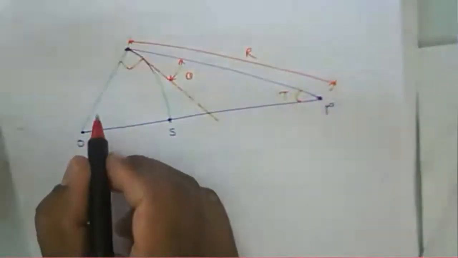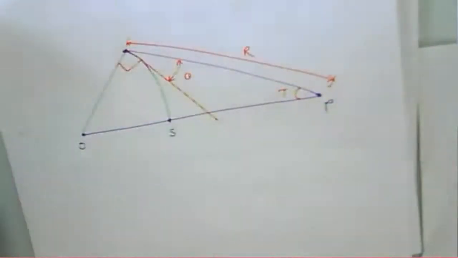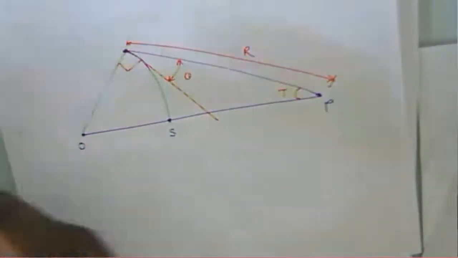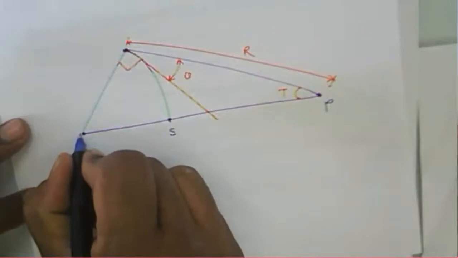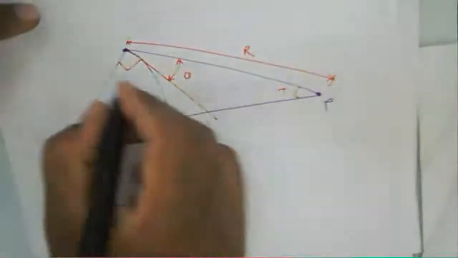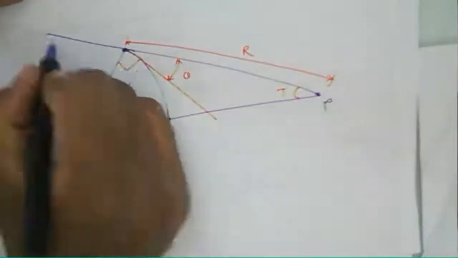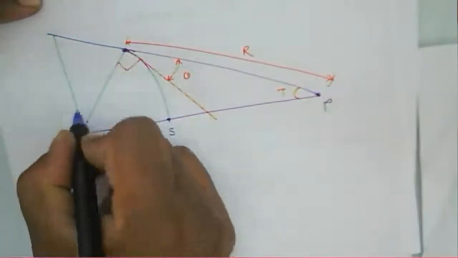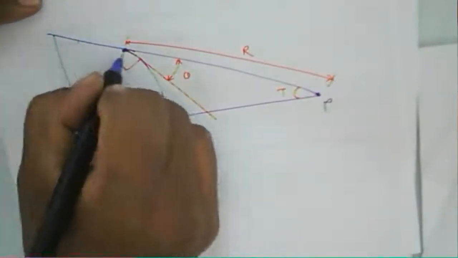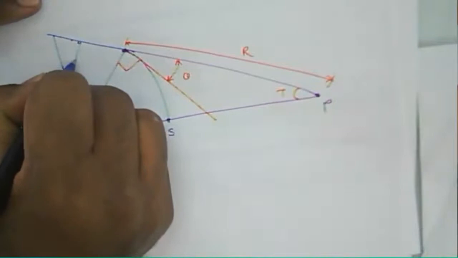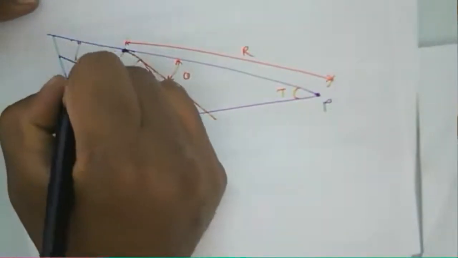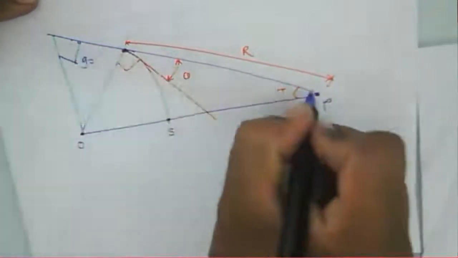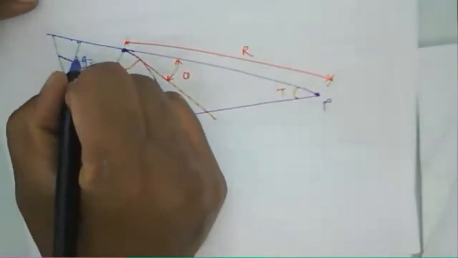But to obtain this in terms of a right angle triangle, we need to consider that projection here, so that this becomes a 90 degree angle.